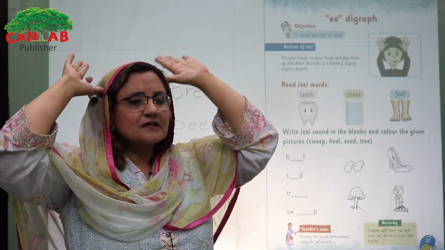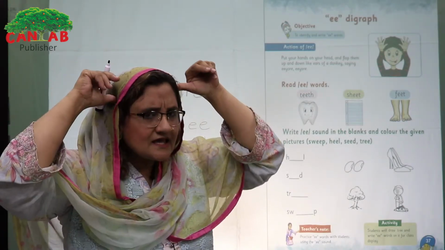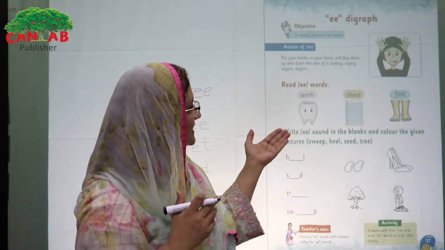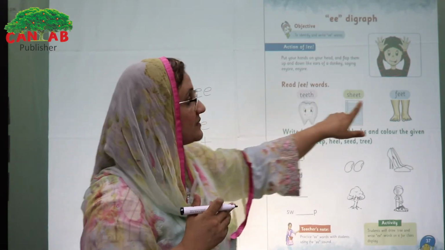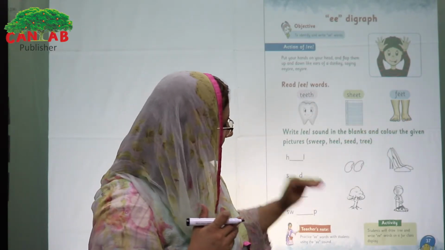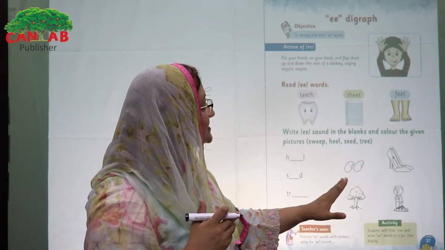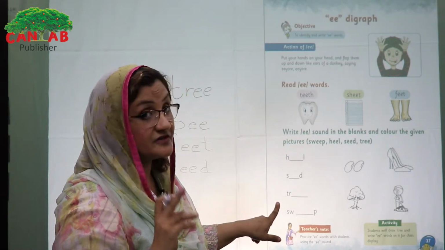E. E. E. After this, you can invite them to read and encourage them to read the words by themselves. You can encourage them to name all the pictures given here and try to solve this exercise individually.